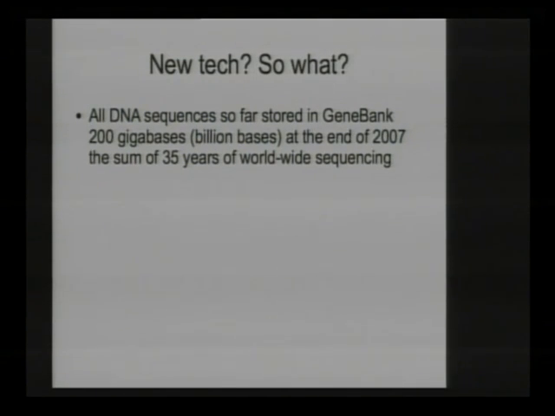So there's human, there's mouse, there's some fish, there's bacteria, there's yeast, there's everything. They were all sequenced with the old technology. And this amounts to 200 gigabases, or billion bases, that are in this database. This is the entire sum of human knowledge about sequences in organisms.